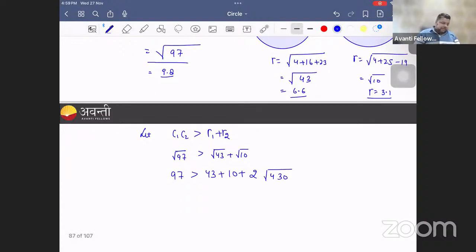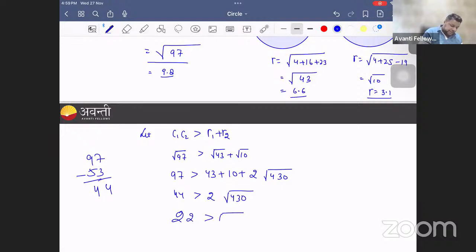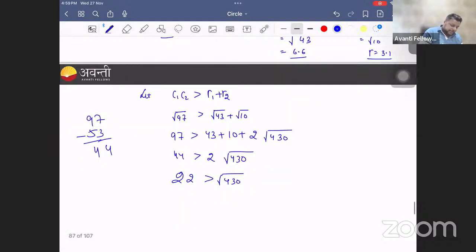Am I correct? So 97 minus 53 is 44. 44 is greater than 2 under root of 430. That means 22 is greater than under root of 430. That means 22 square is also greater than 430.